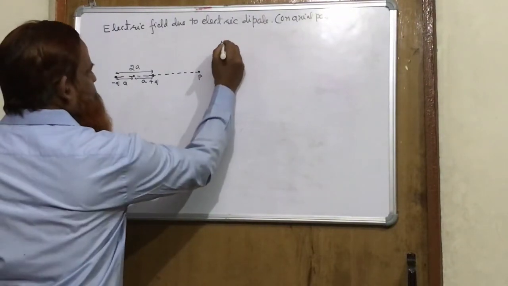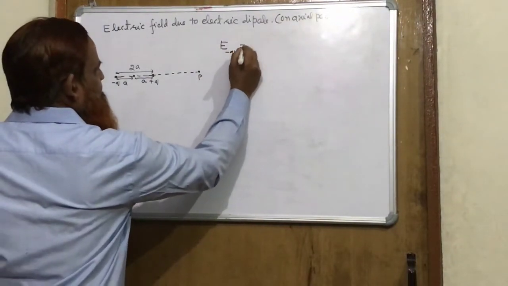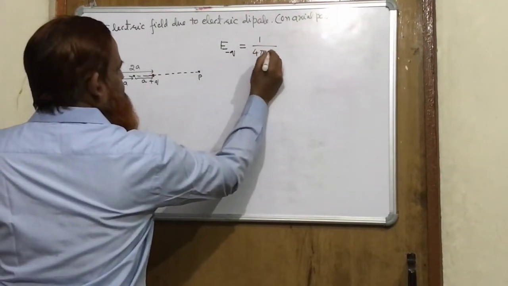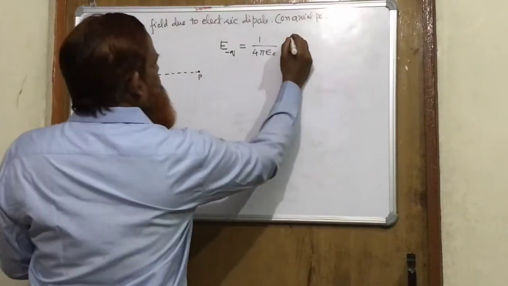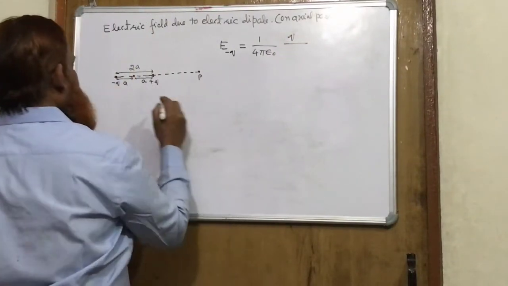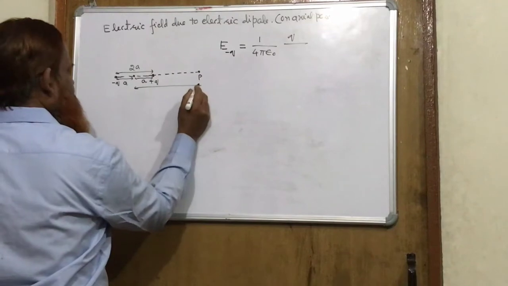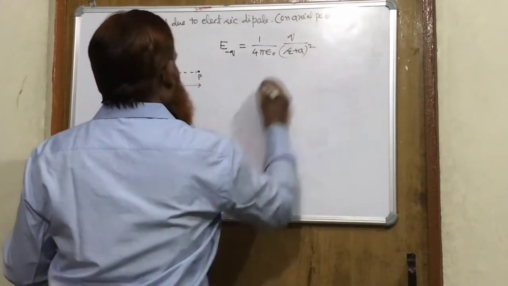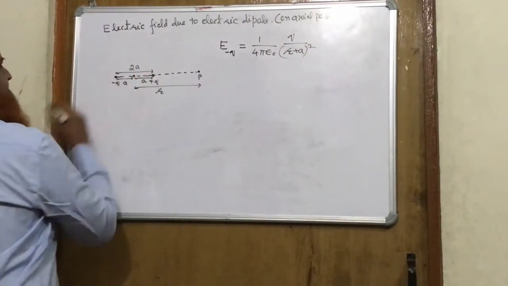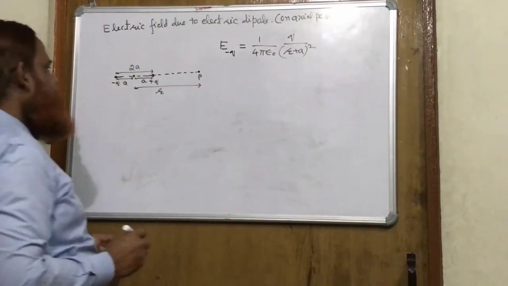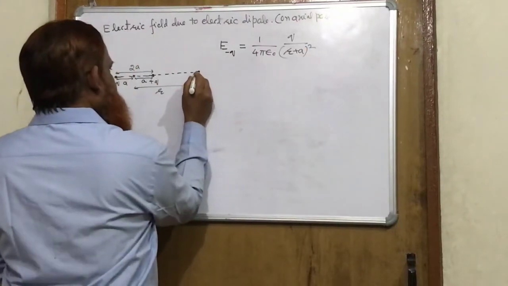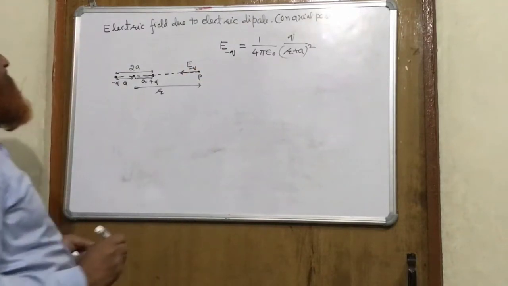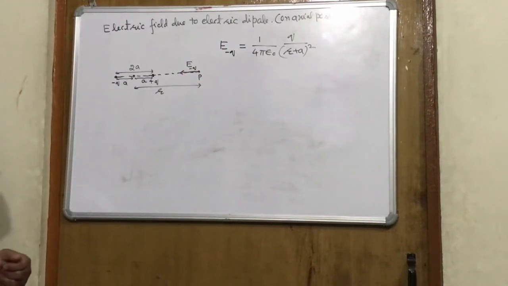Due to the minus q charge, the electric field will be 1 upon 4 pi epsilon naught q upon, letting the distance of point P from the midpoint be r, (r plus a) whole square. The direction of the electric field is shown by this E minus q, because the direction of the electric field is towards the negative charge.